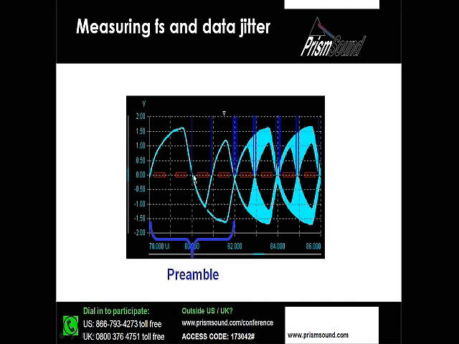However, if we take a look at the portion of the bit stream that has audio data, we can measure the width of the zero cross, the trace of the zero cross, and we will be measuring data jitter.